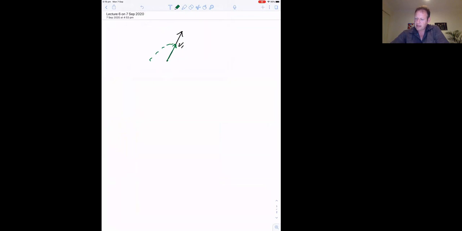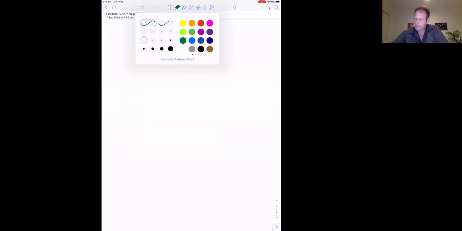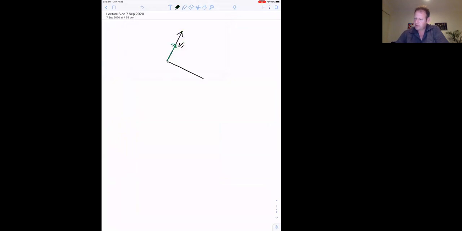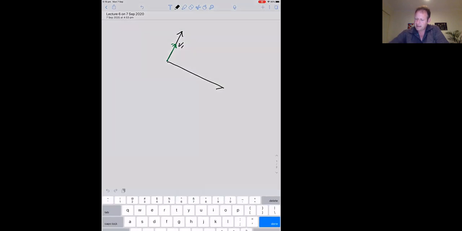Then we took the vector v2, which was maybe pointing like, oh, that's a bad example, sorry. Let's put v2 to point like here. Let's say this guy is v2.